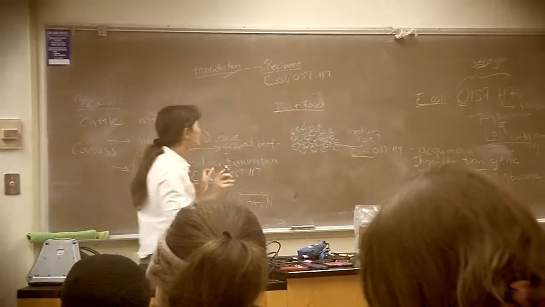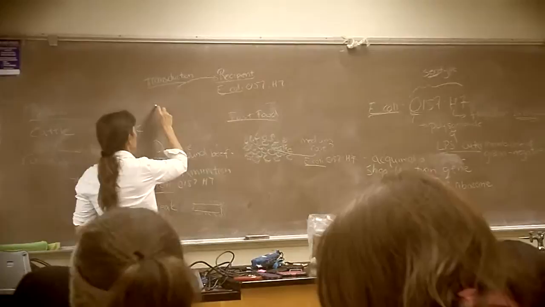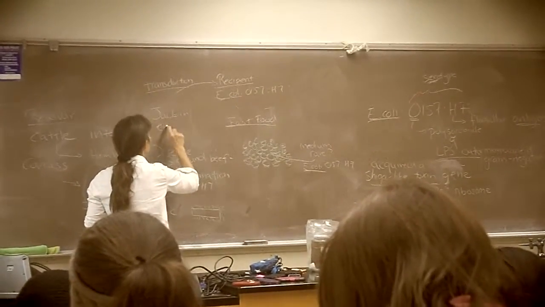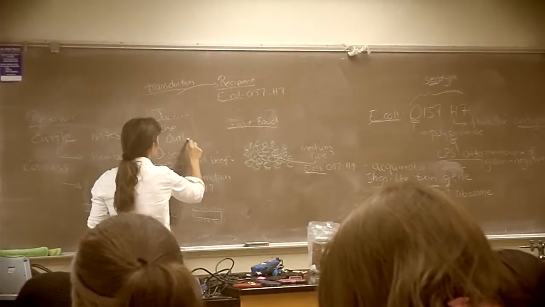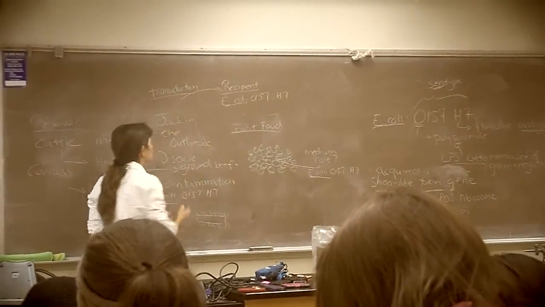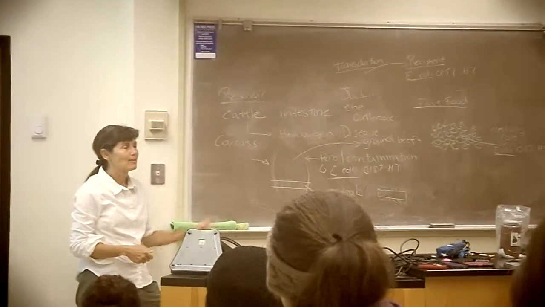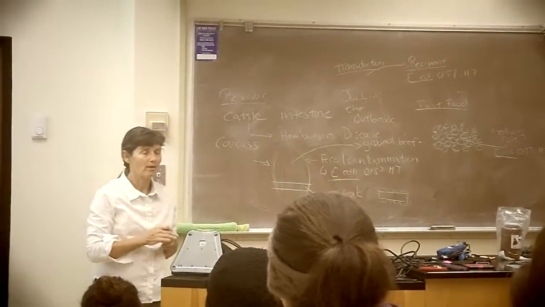So you guys might be too young, but did any of you remember the Jack in the Box outbreak? Yeah. So this was an outbreak of E. coli O157:H7 where several people got infected. And I think at least a couple of children died from it, right?